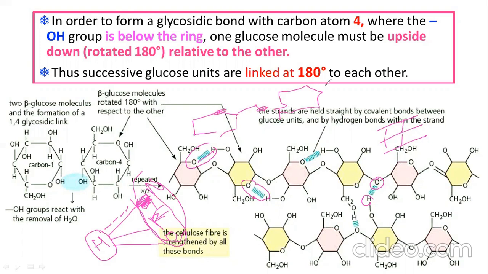But now if you rotate one glucose, the bonds form from different sides, there are more chances of oxygen forming hydrogen bonds. That's why it's rotated by 180 degrees to give more stability to cellulose. This is a very important point to point out.